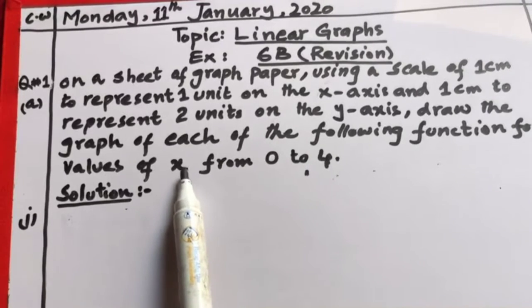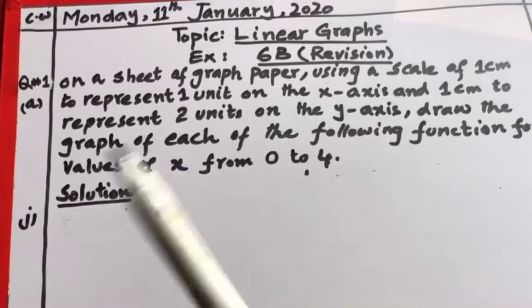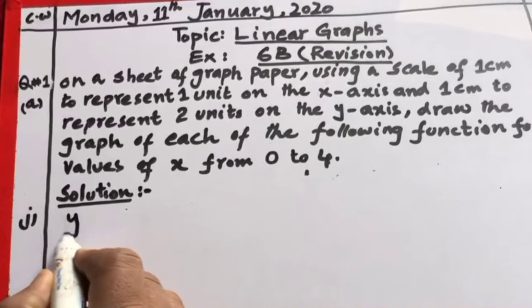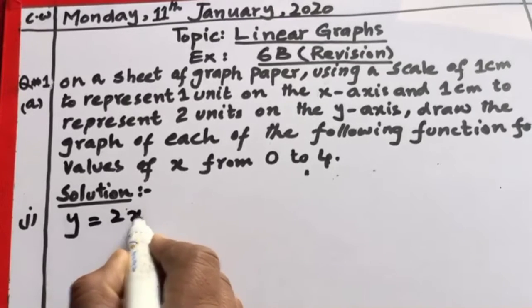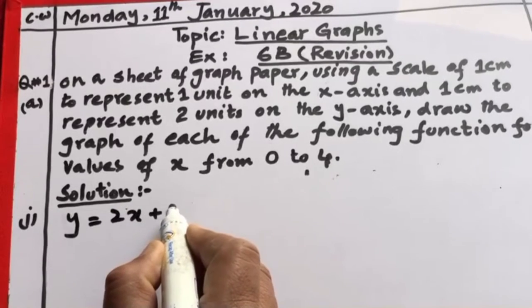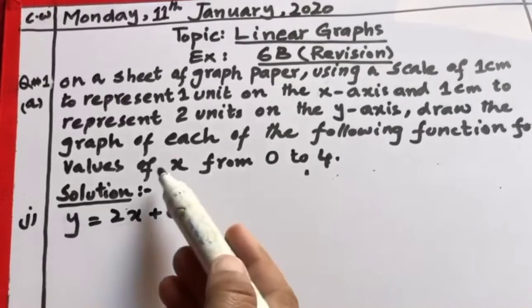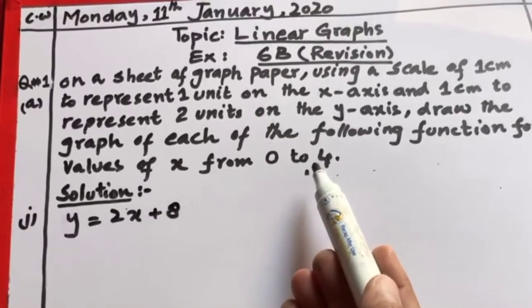The first function given to us is y equals 2x plus 8. We have to draw the graph. First of all, we will find the values of y from this given equation, and the values of x are given, which is 0 to 4.